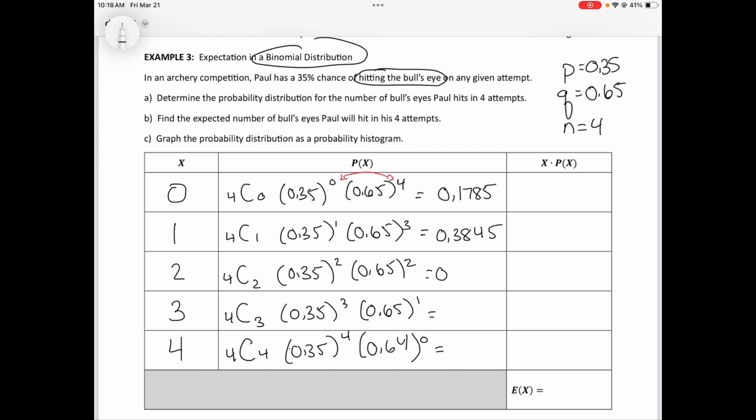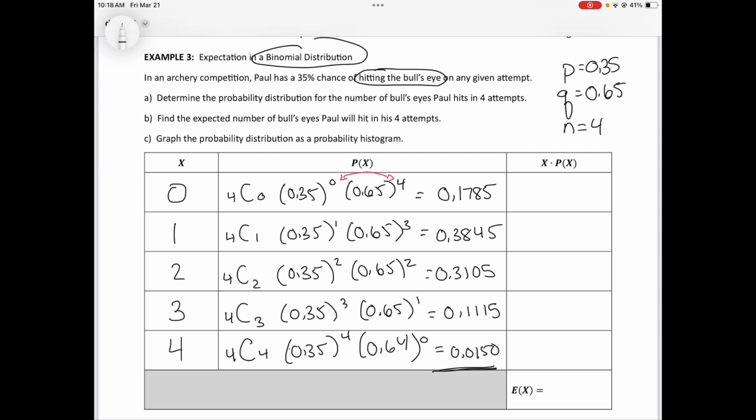And I get 0.3105. And this one I get 0.1115. And this one I get 0.0150.